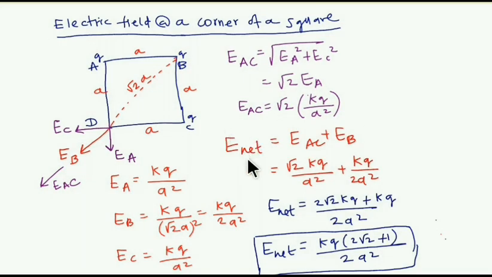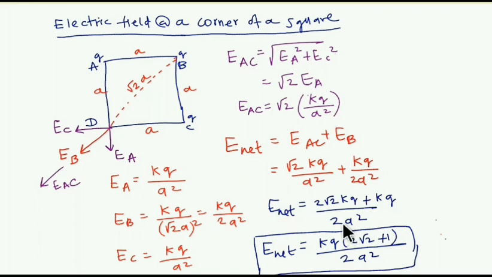Now I have written E net. E net is equal to EAC plus EB, because both act in the same direction, so simple addition is fine. Putting in the values, EAC is root 2 KQ by A squared, and EB is KQ by 2A squared.